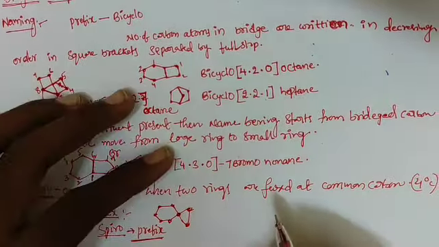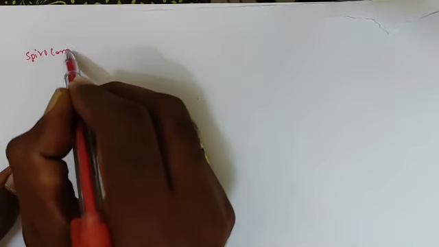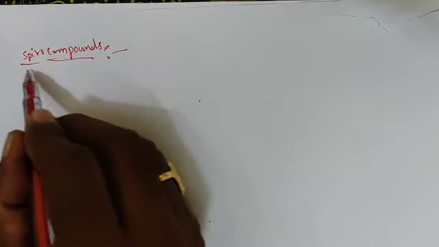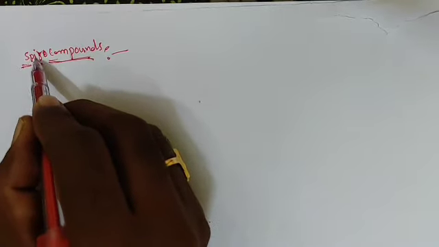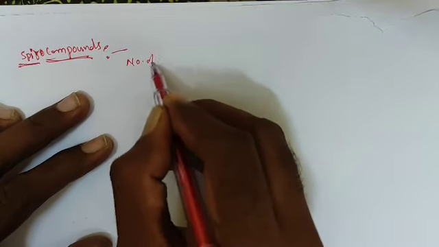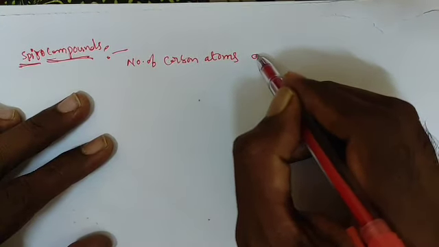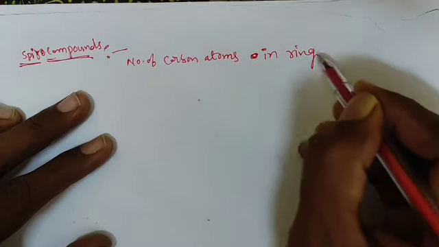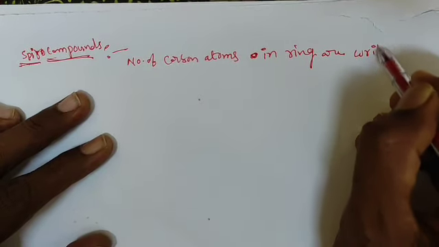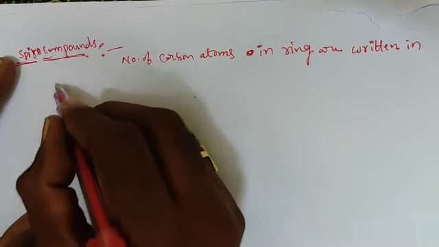I will give one example. Spiro compounds example. Number of carbon atoms in rings are written in increasing order.